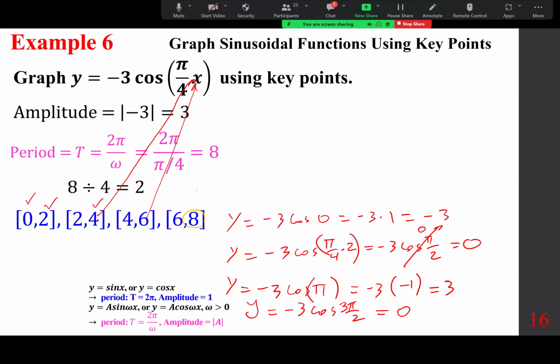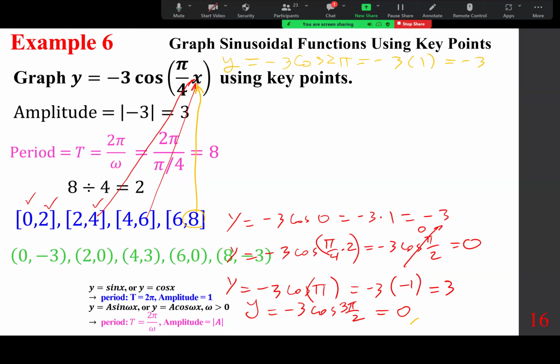If I plug in 8, 8 times pi over 4 is 2 pi. So I get y equals minus 3 cosine of pi over 4 times 8, which is 2 pi. Cosine of 2 pi is 1. I get negative 3. And those are the pairs, everybody.